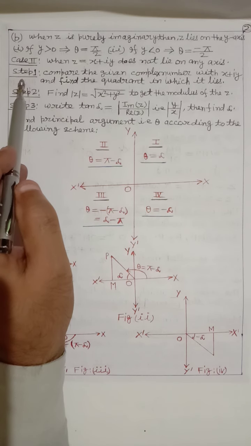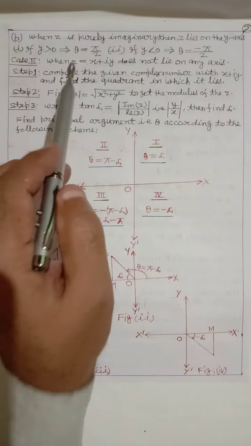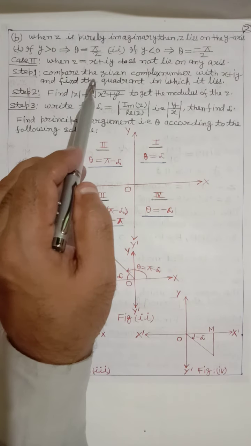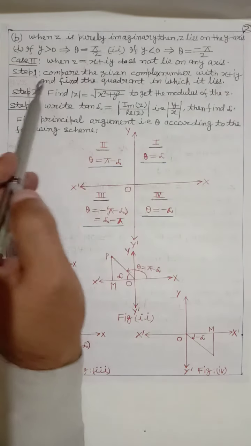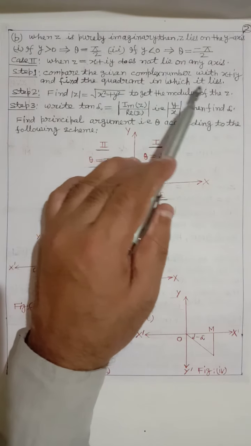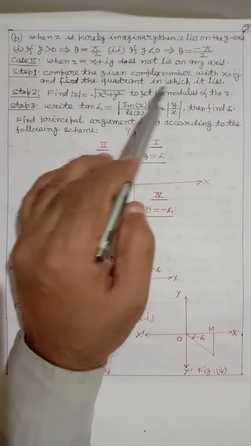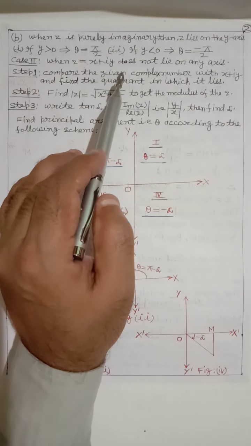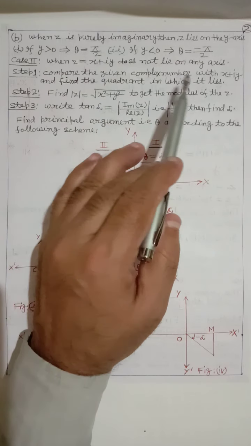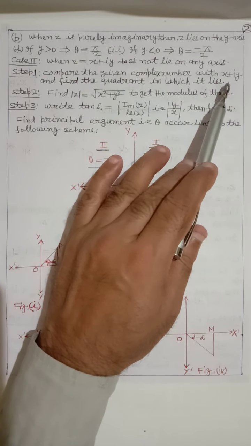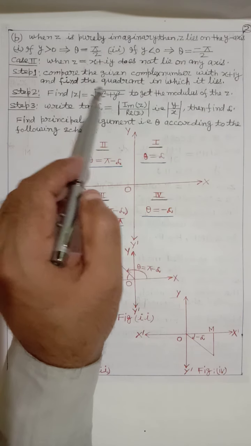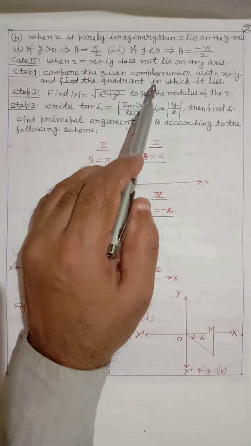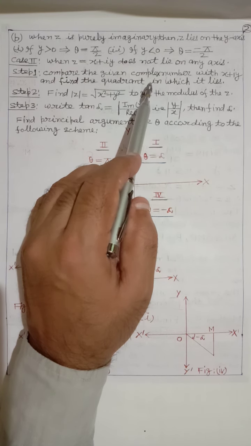In this case we use step 1: compare the given complex number with x plus iy and find the quadrant in which it lies.